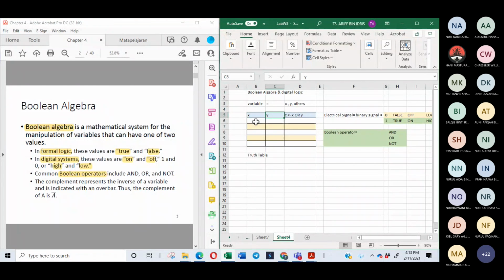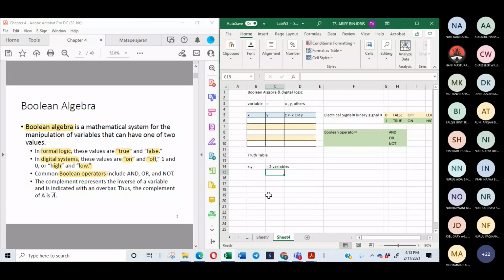If we have two variables, for the time being X and Y, am I right, class? X and Y. So how many variables, class? Two. X is the first and Y is the second variable.